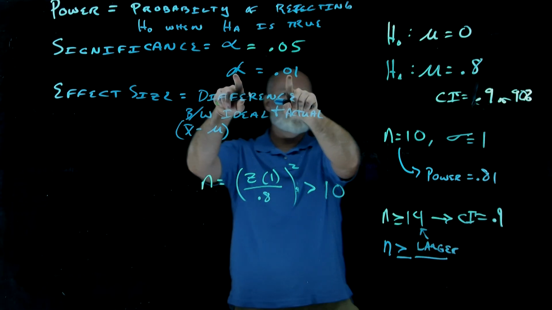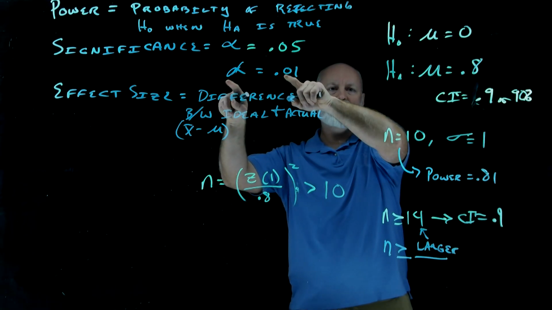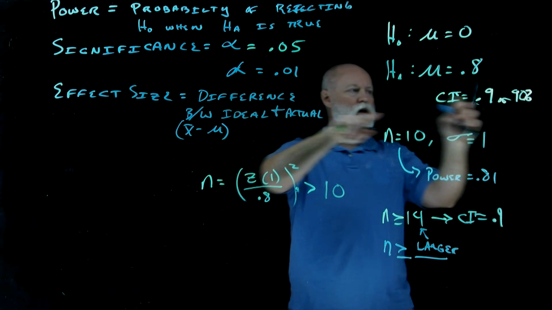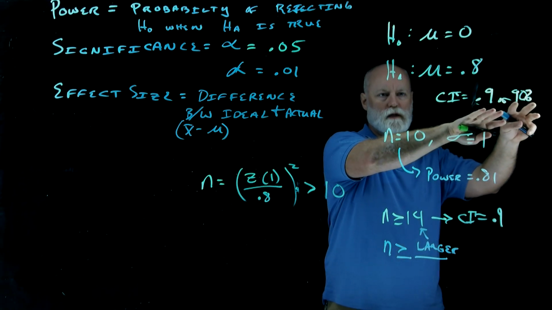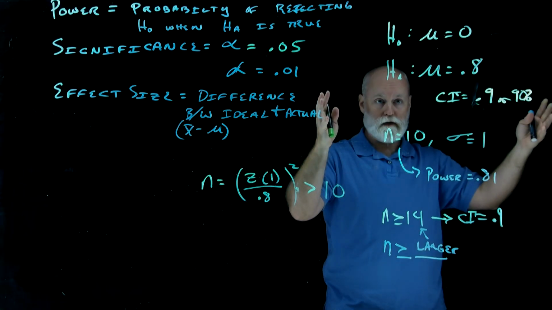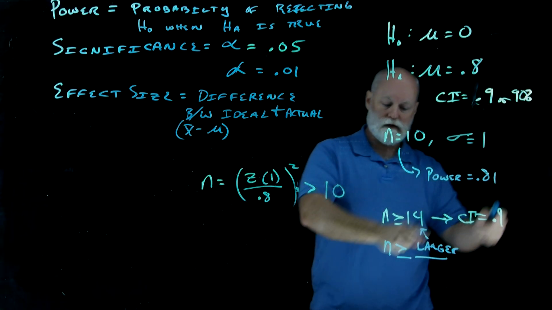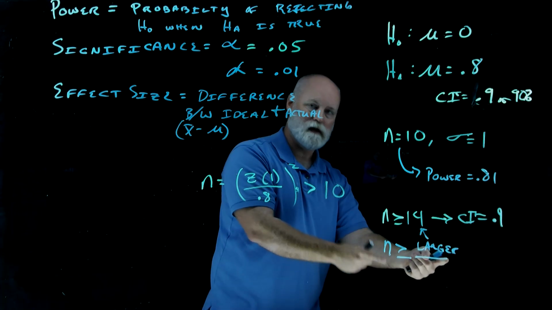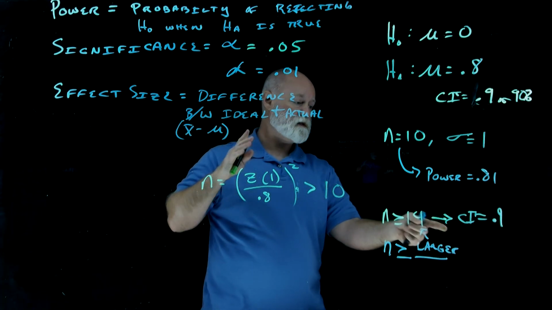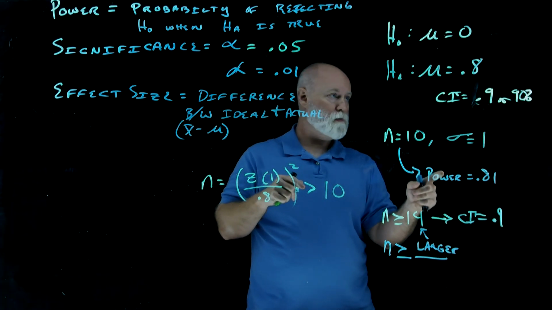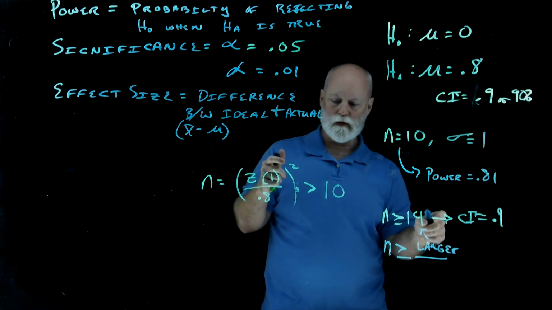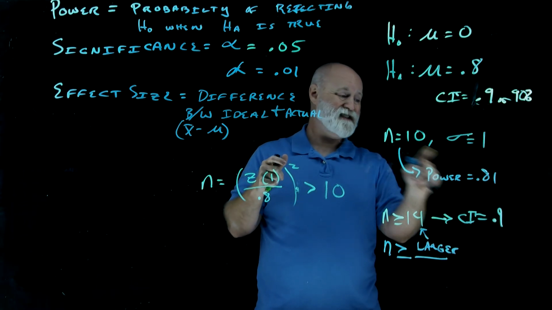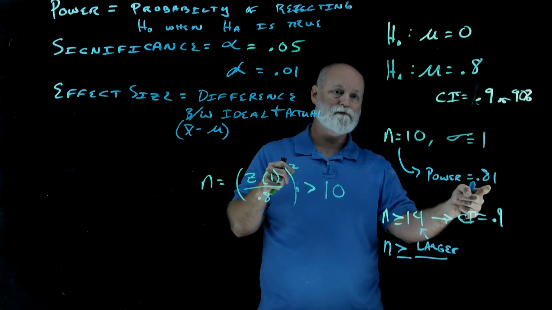So the lower the significance level is, the bigger the confidence interval is, which means the larger the sample size needs to be. Okay? In this instance, this came out to be 0.81, if I remember correctly when we ran the numbers. With 10, yeah, it's 0.81, right?